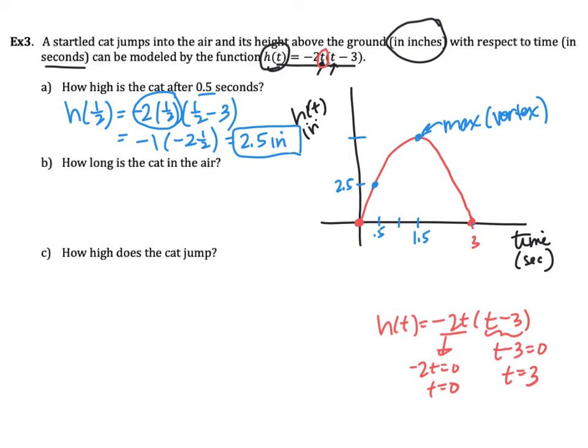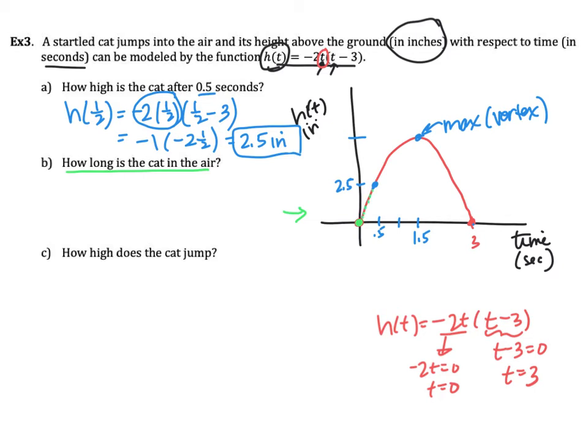All right, so it says, how long is the cat in the air? This graph over here is representing time and height, the height of the cat in the air over time. So the cat is at 0 inches at 0 seconds.